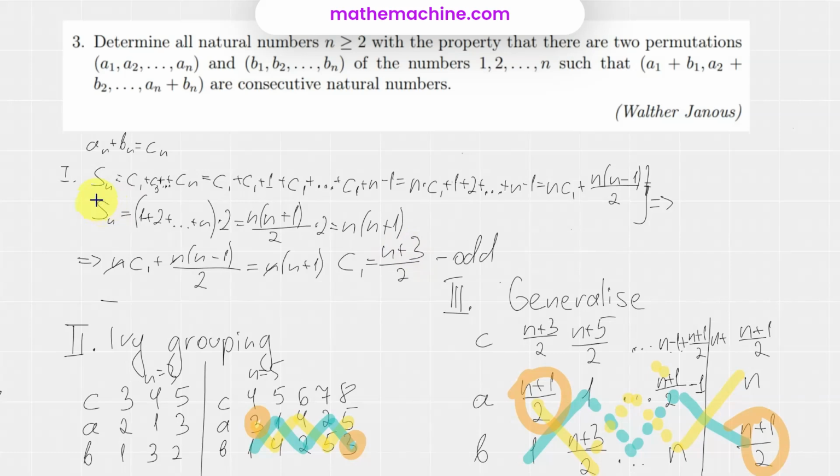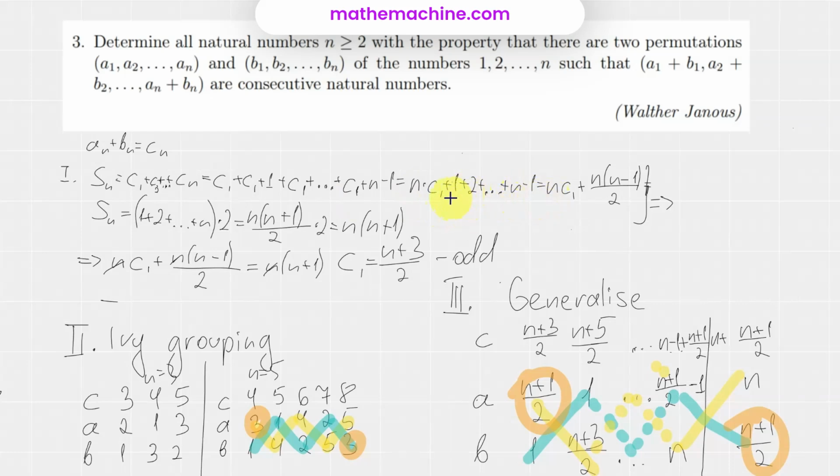On the other hand, this Sn is the sum from c1 up to cn, and each next number is 1 greater than the previous one. So c2 is c1 plus 1, and so we get n times c1 plus 1 plus 2 and so on, up to n minus 1.